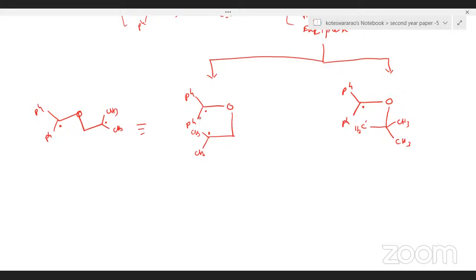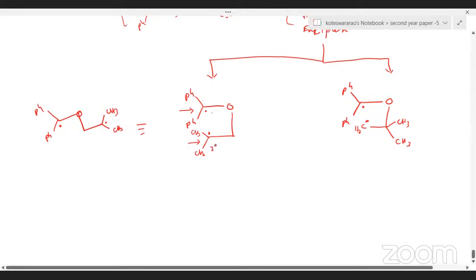But here I am comparing which one is more stable. Two biradical intermediates are generated. In the two radical systems, almost the arrangement is the same, but here it involves this radical and this radical. This is the tertiary radical.